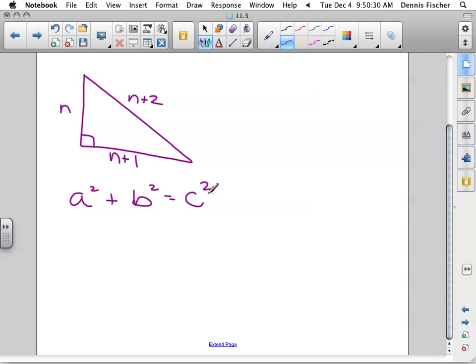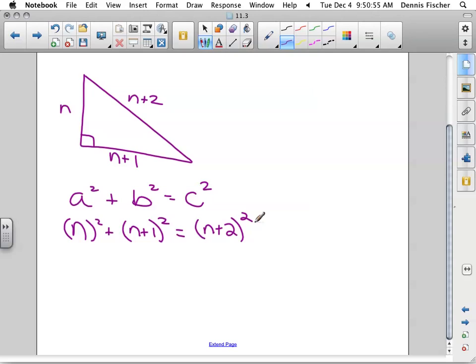I don't care which one's A and B, so I'm just going to say this is A. So I've got n squared plus n plus 1 squared equals n plus 2 squared.